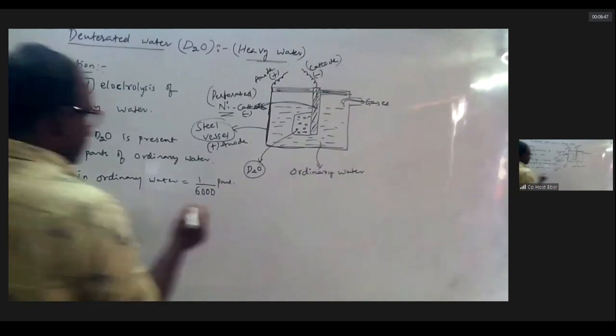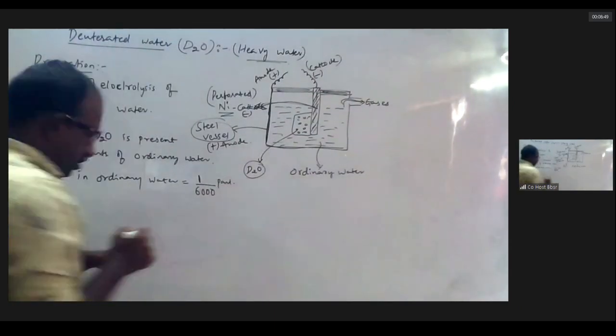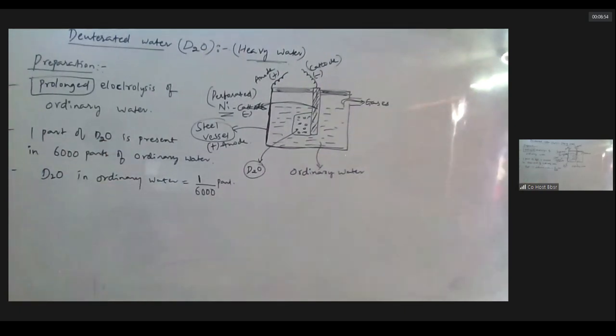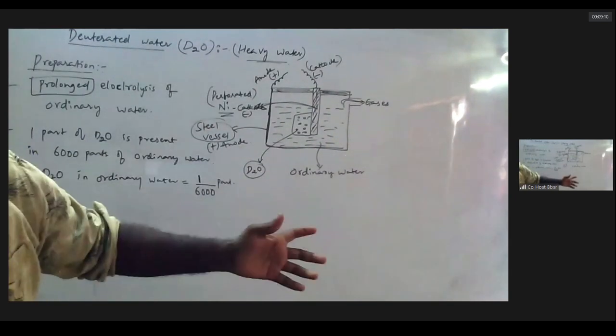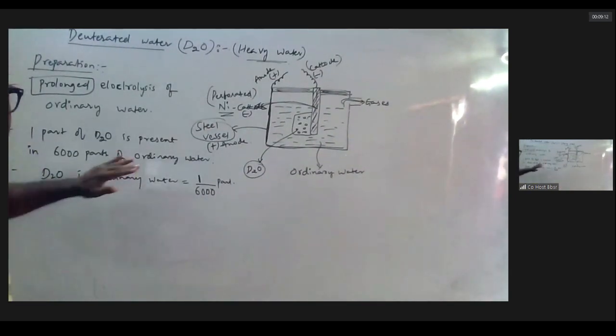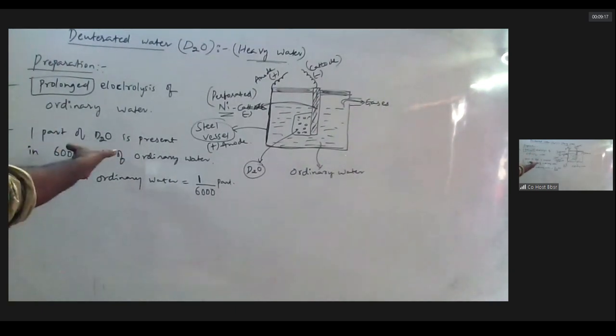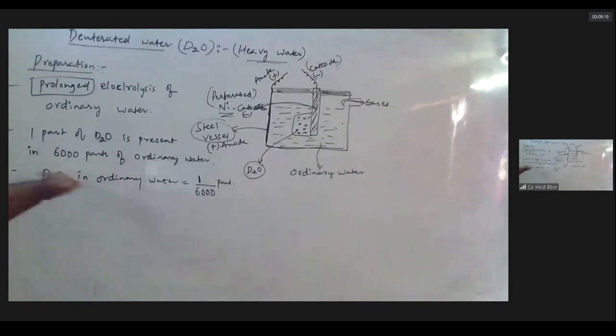Okay, so such a small amount, 1 part of D2O in 6,000 parts of ordinary water. See how little that is of D2O. So now you have to prepare D2O by taking ordinary water, and this ordinary water contains 1 part of D2O out of 6,000 parts.